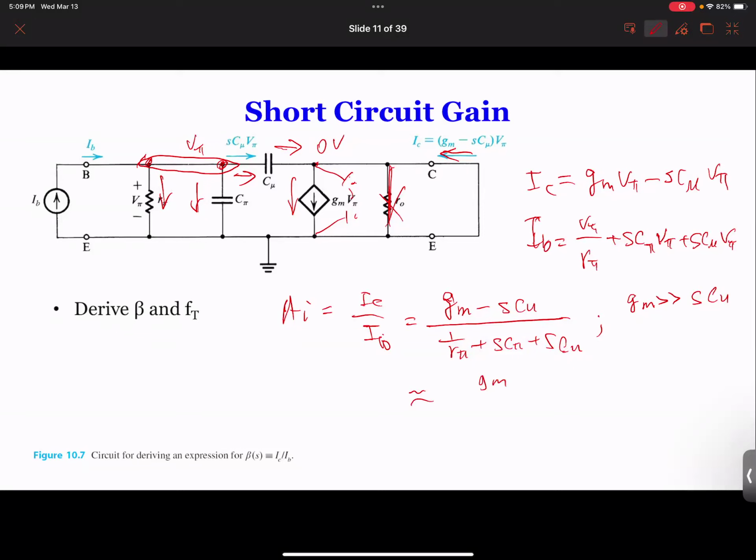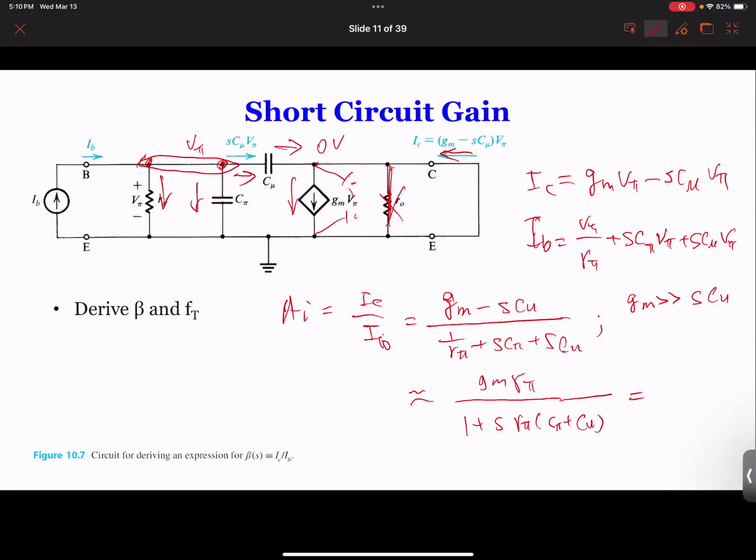Also, we can multiply R pi on both the denominator and numerator, so this becomes 1, and we take S out, so it becomes R pi times S times these two. The numerator is gm times R pi. So we got a very simple expression, with the denominator 1 plus S R pi times C pi plus C mu.